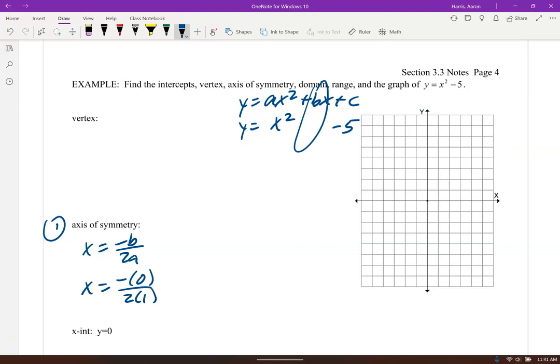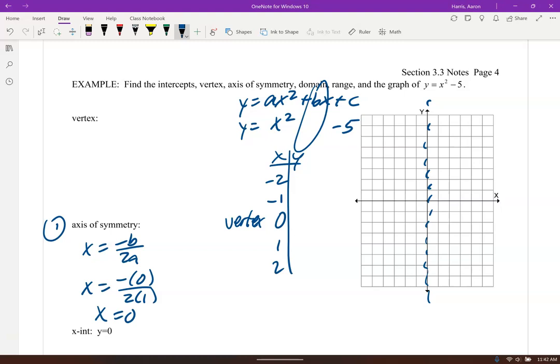Our a is 1, but 0 over anything is 0. So this just goes right down the middle, right? X equals 0. And then our vertex comes from that. Our vertex will lie on that axis of symmetry. And then I'm going to go right a couple, left a couple, and see what points those would be.